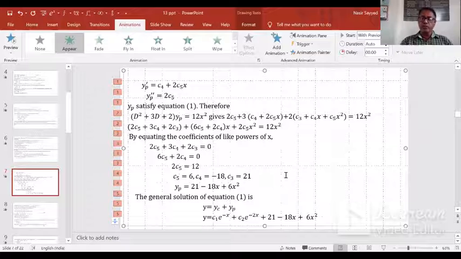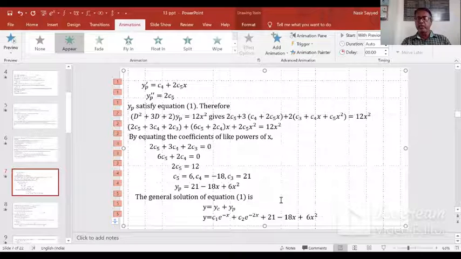And then we substitute these values of C3, C4 and C5 in yp, and we obtain the particular integral of the given non-homogeneous differential equation. Means we obtain yp is equal to 21 minus 18x plus 6x square.